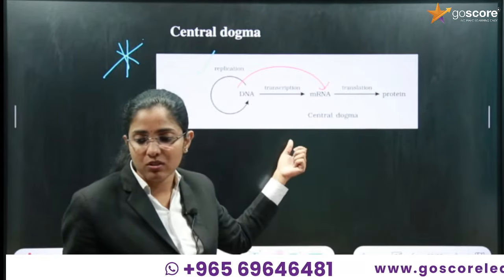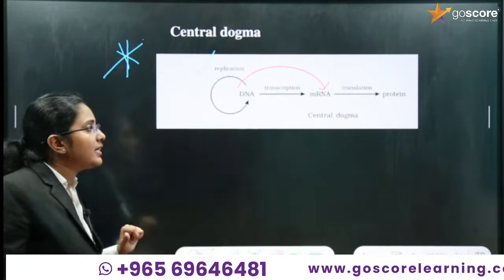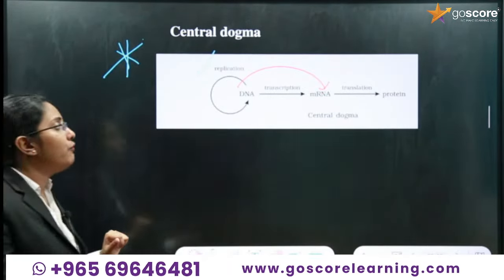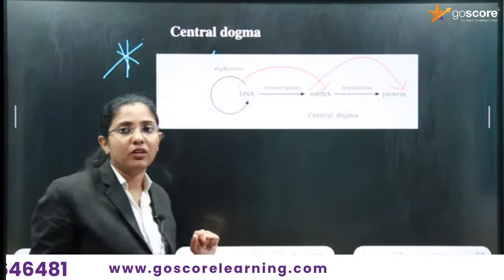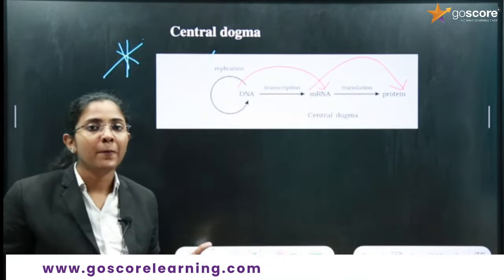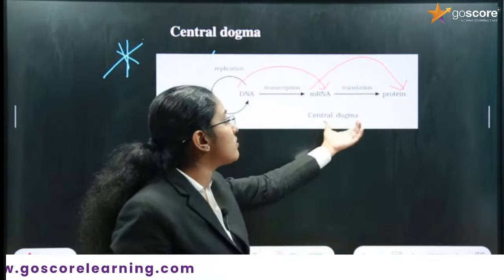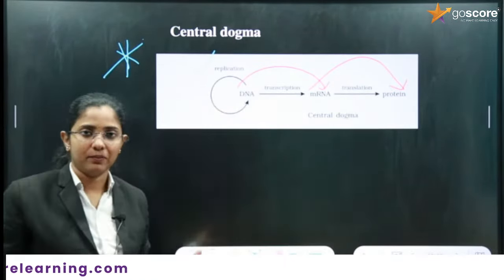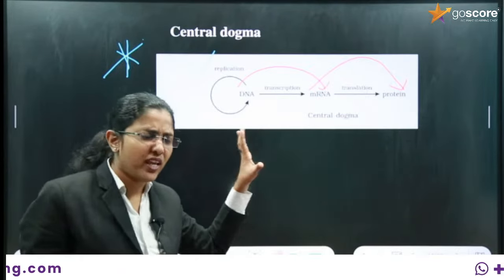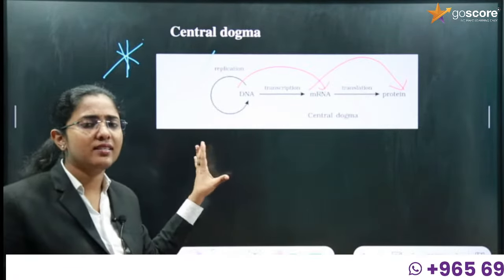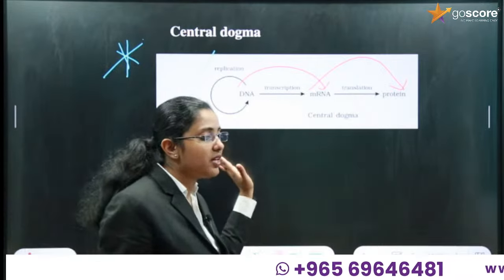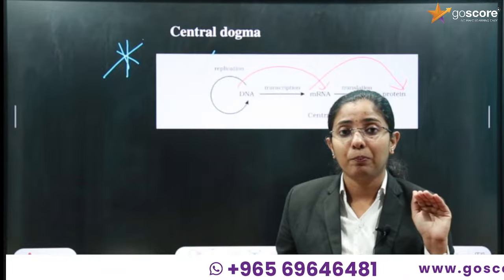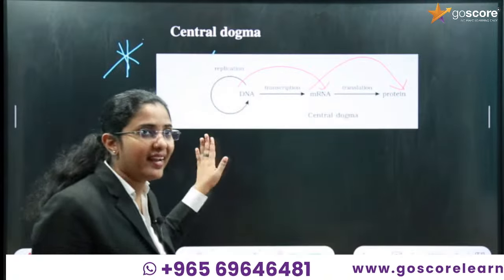From mRNA, what is formed? Protein is formed, and the process is known as translation. Clear? So it is very important. Study what is central dogma. Make sure that you understand and you practice how to write this.